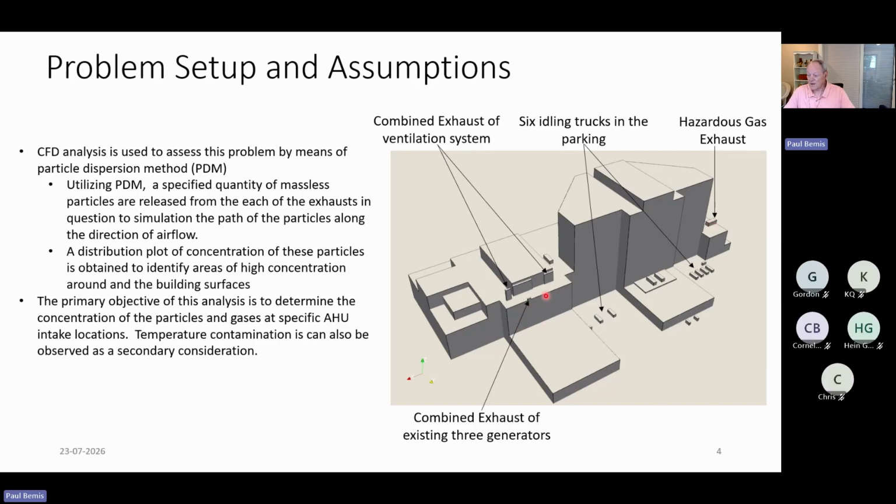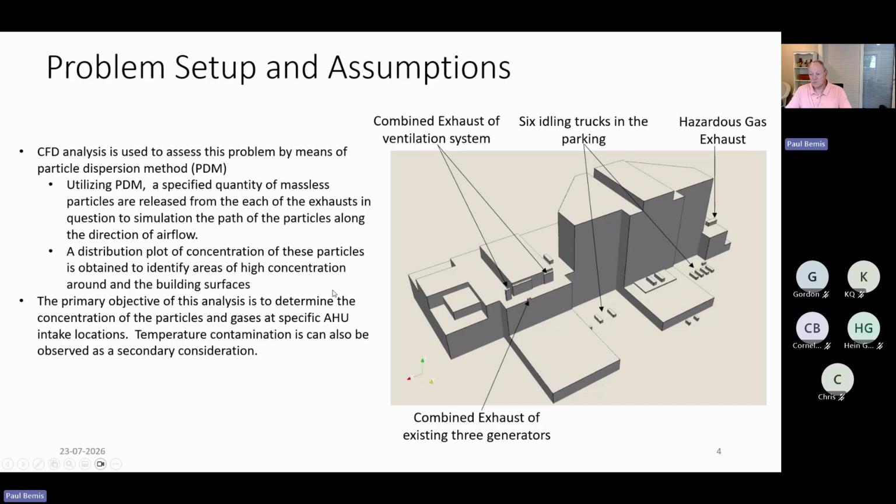And then over here, they have some generators, and the generators could cause issues as well. The primary objective is to determine the concentration of these gases into the air handlers. And temperature is sometimes interesting as well to this set of customers. Not always, but sometimes it is of interest as well.